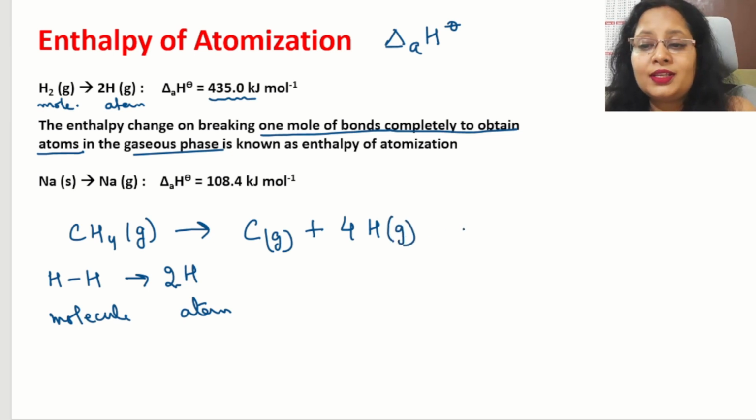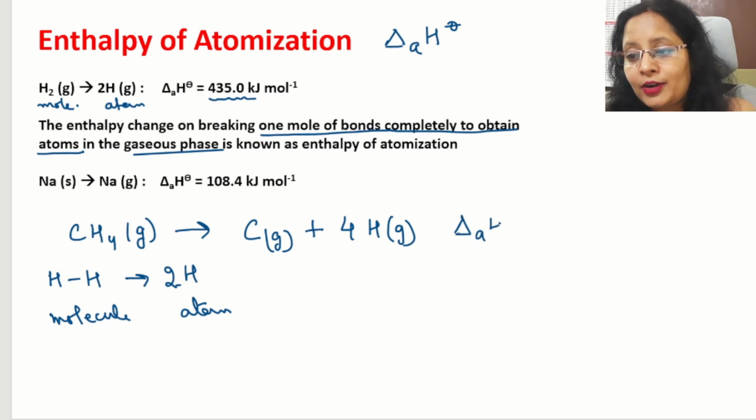So this reaction gives the atoms from the molecule. The molecule is breaking and giving the atoms in the gaseous form. So here it is the enthalpy of atomization. What is the enthalpy of atomization here? It is 1665 kilojoule per mole. Clear?